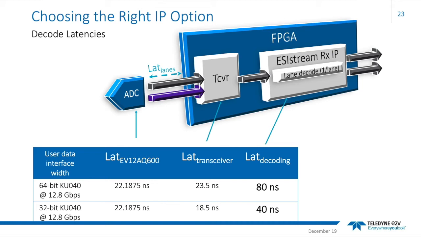The latency through the transceiver, as shown in this table, is influenced slightly by the data frame width choice, but contributes a further 20 nanoseconds to the total budget, roughly. But by far and away the largest contributor to latency in this system is that through the ESIstream decoder. Seeing these results clearly highlights how important the choice of frame data width really is.